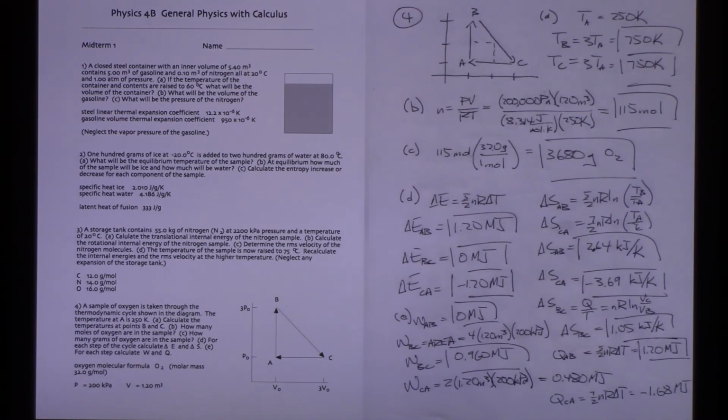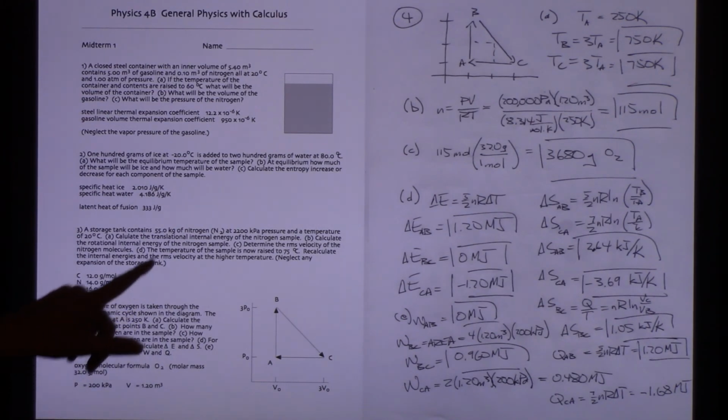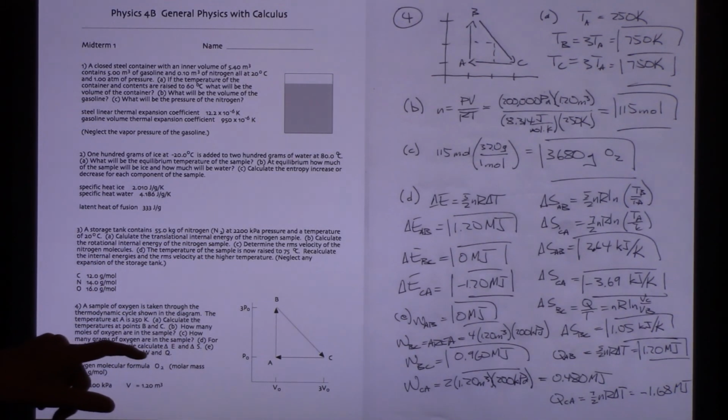Now this is another thermodynamic cycle, and there's a pretty good chance there's going to be one in the midterm, right? We looked at some in lecture, the book goes over these, and now in review we're looking at these too. And so what this is saying is that, oh look, it's oxygen, O2, and it's diatomic.